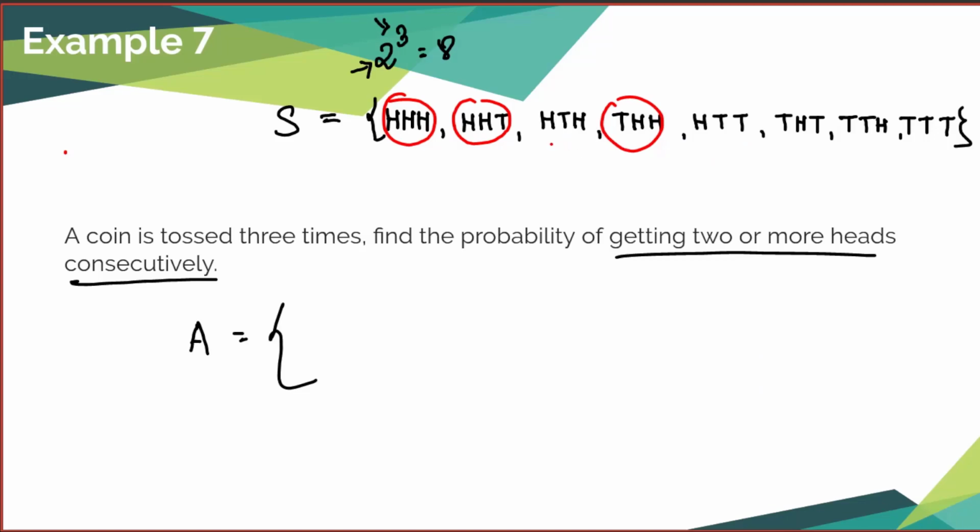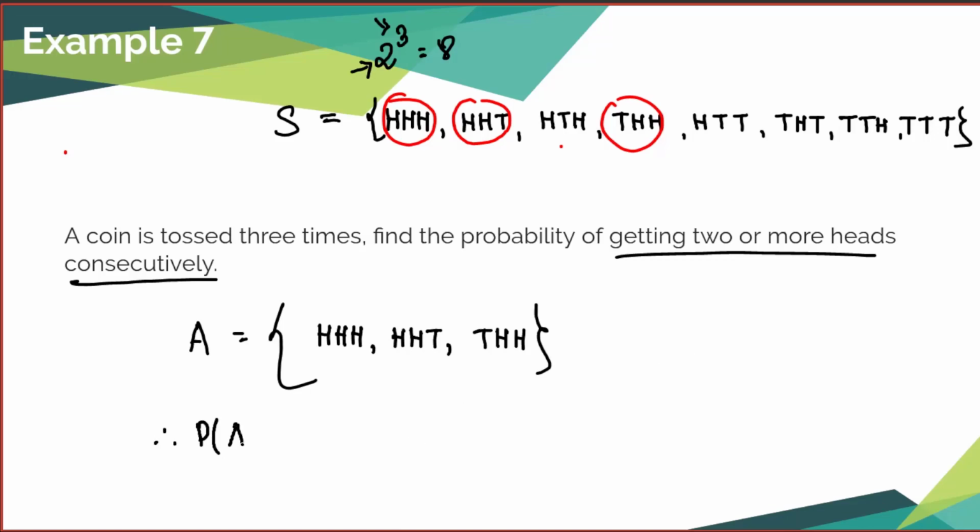All of them has it, though it has two heads, but they are not consecutive, right? So we have three possibilities. So I will write head, head, head; head, head, tail; and tail, head, head, right? So we have three favorable cases.